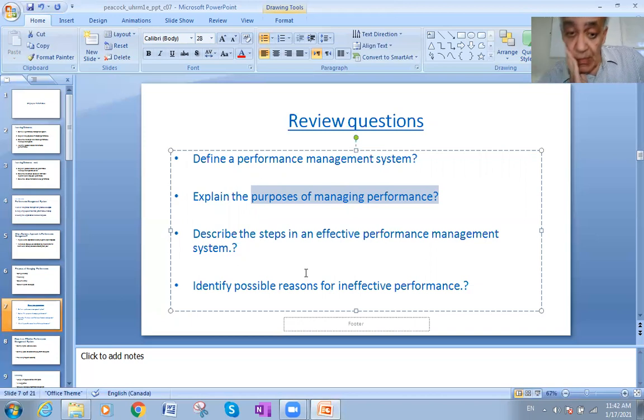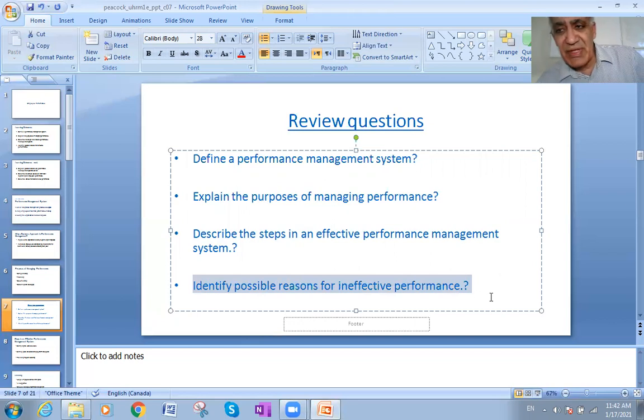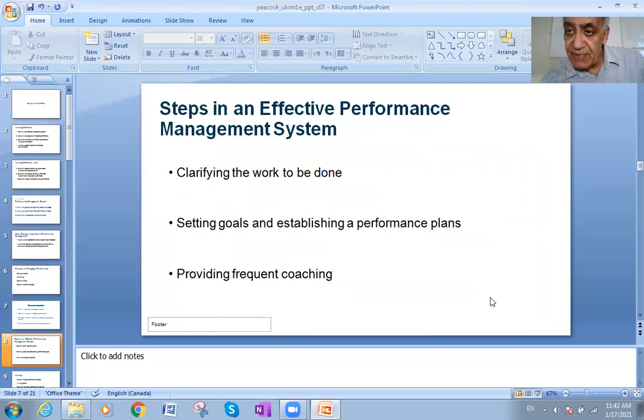Describe the steps in effective performance management systems and identify possible reasons for ineffective performance. What would be the reasons for the ineffective performance of the employees? Why won't they be doing their best in the job? I need the answer to this question. You can Google it and you can go to your notes.